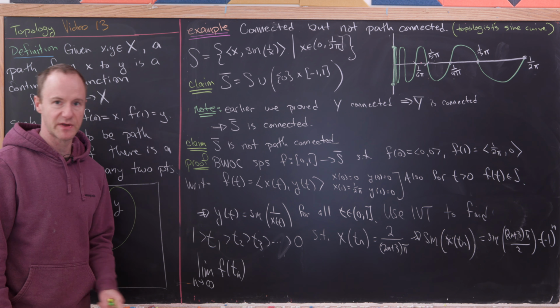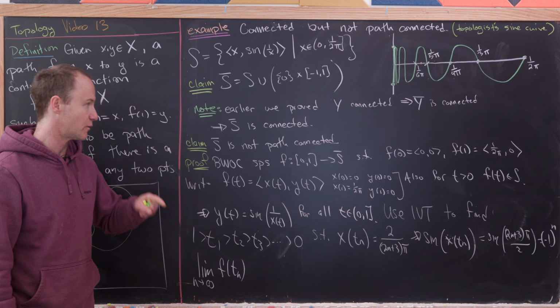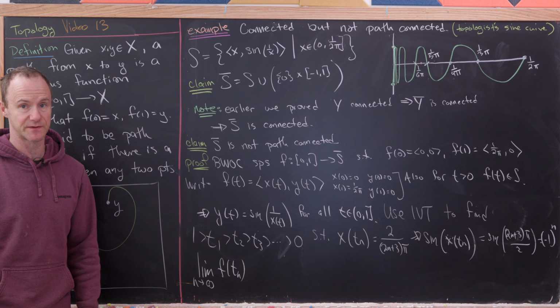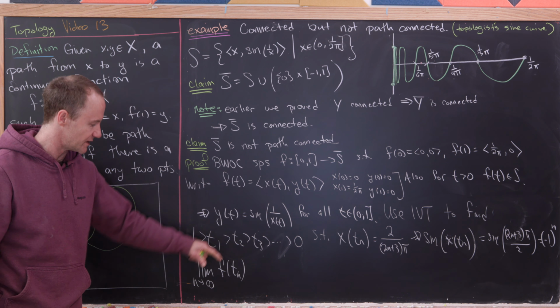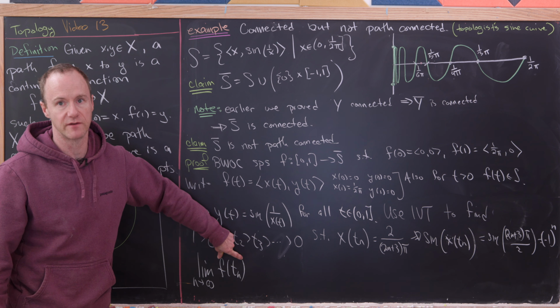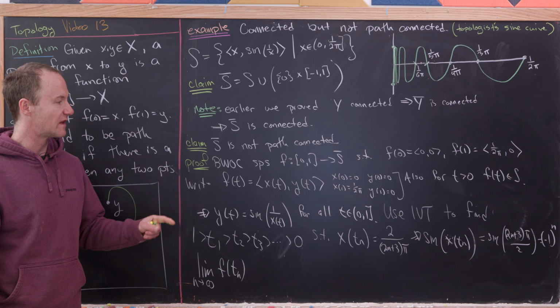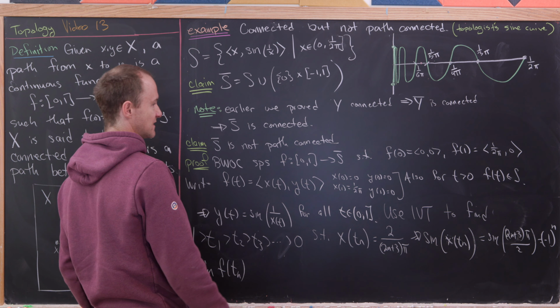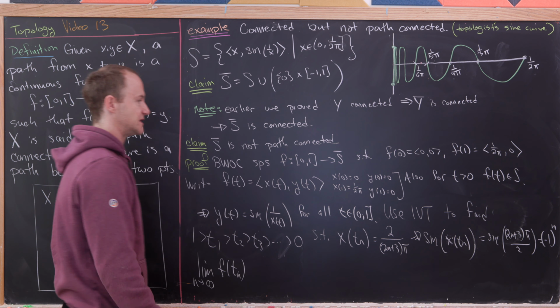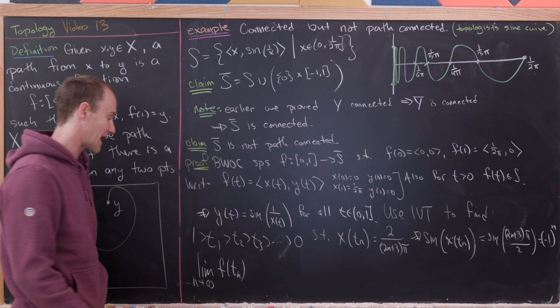But since the t sub n is approaching 0 and f was assumed to be a continuous function, that means by the sequential version of continuity that this should also converge to something. Well, in fact, we know what it should converge to. It should converge to this point (0, 0) here. But we'll see that that will not happen.